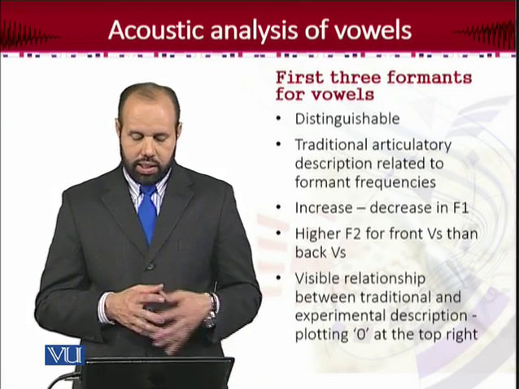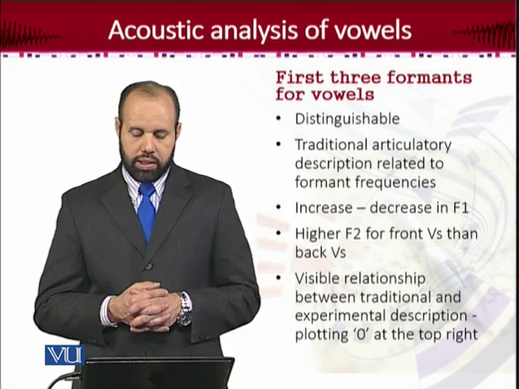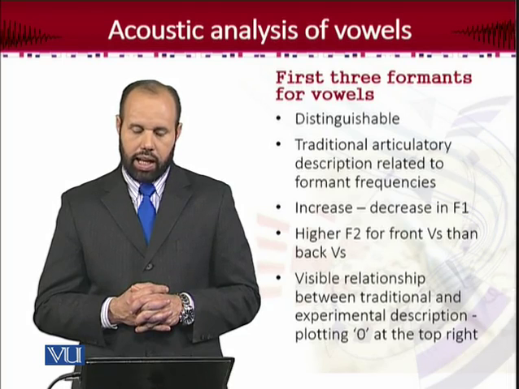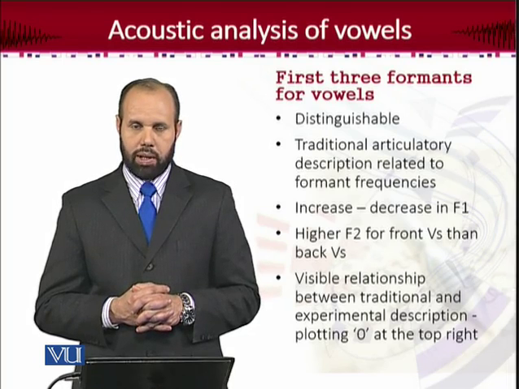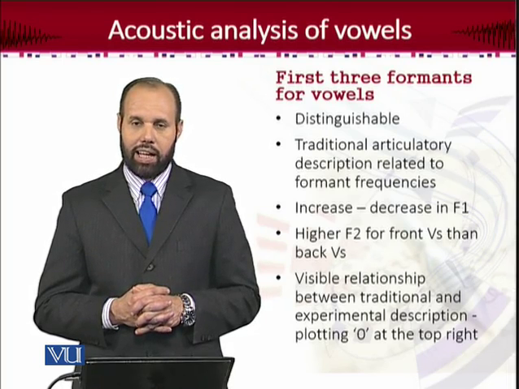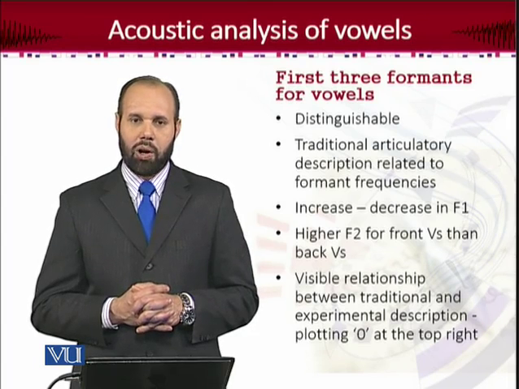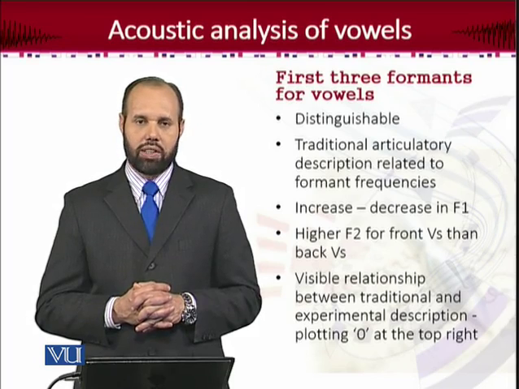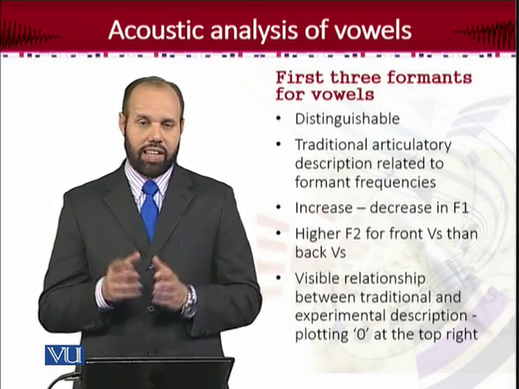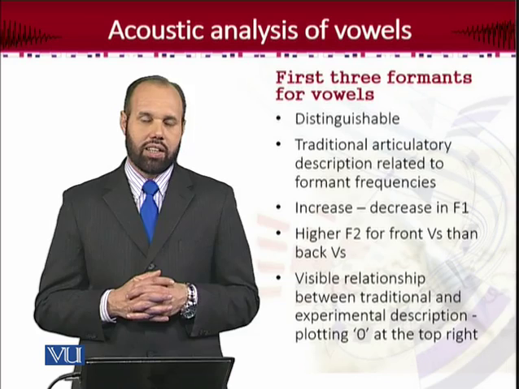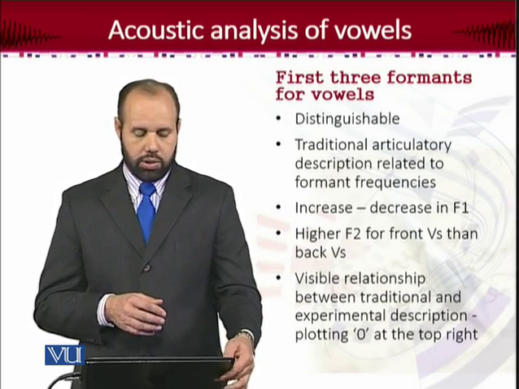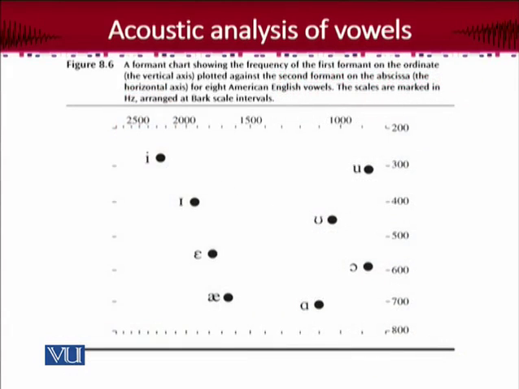And the relationship between this traditional and experimental description is more visible, more understandable, and quite interesting when we are plotting the frequencies for the various vowels on a chart, right? So let me show you the chart on the basis of the earlier given frequencies of the vowels for you. So it's the chart, and you can think about the possibilities now, right?